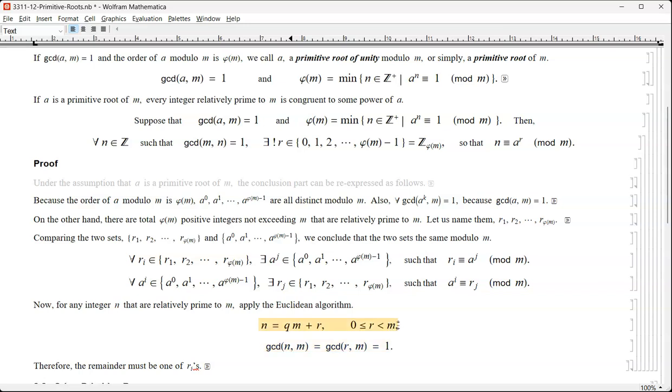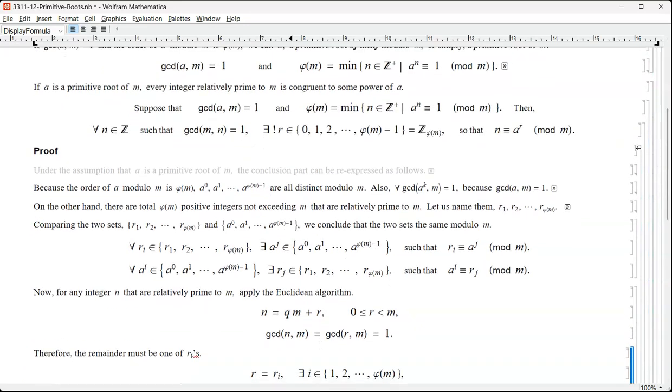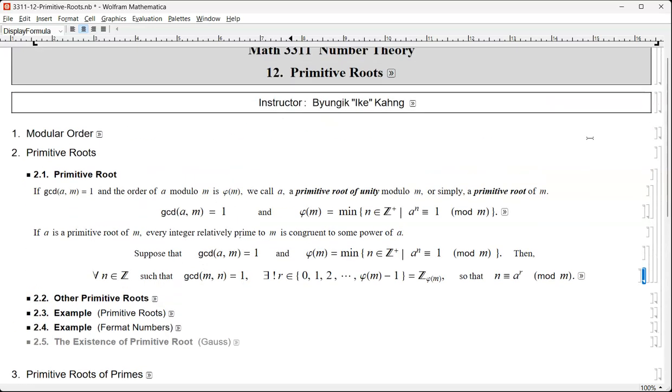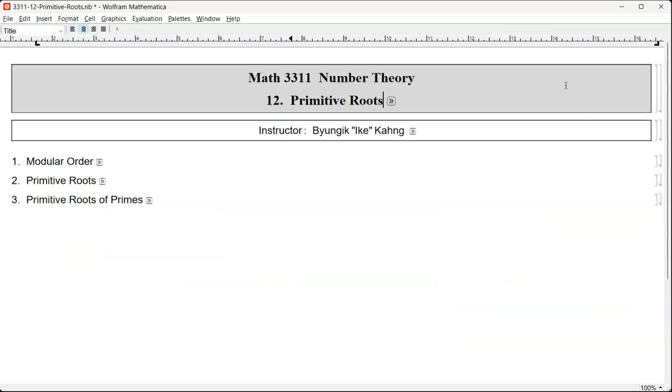So r is between 0 and m, and GCD is 1. Oh, it's got to be one of those ri's. So it should be congruent to one of those a to the j powers. That completes the congruence. And as for the uniqueness, these are all distinct, so we cannot have two different congruences. That completes the proof.